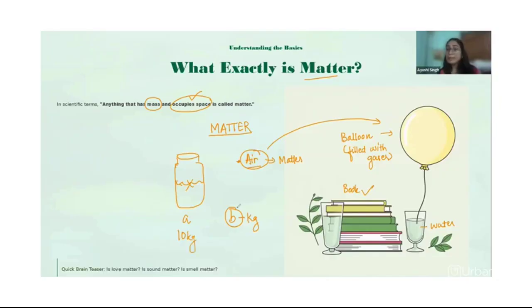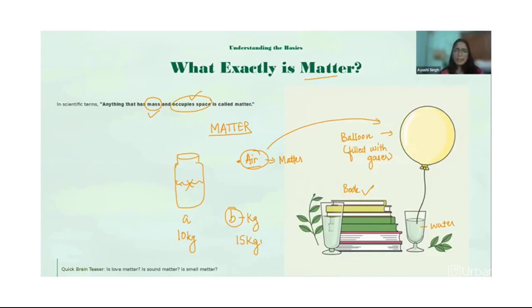But if you fill it with air, it can become 11 kg, 15 kgs, right? That means air also has mass and occupies space. So anything in this world which has mass and can occupy space is going to be matter.